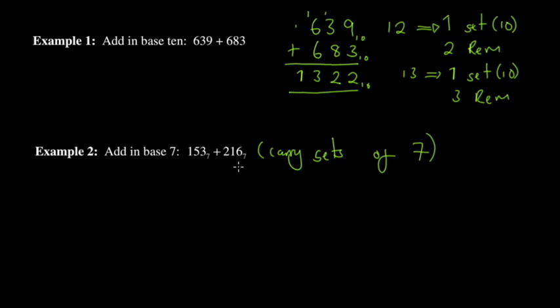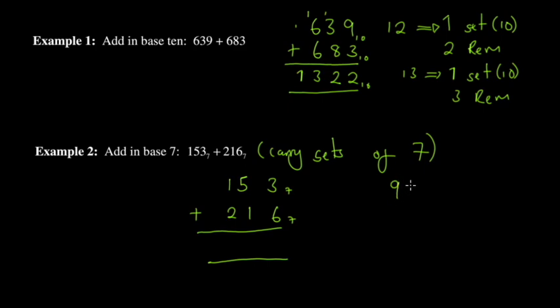So for example, it's 1, 5, 3 plus 2, 1, 6. You can even do it the way that I'm doing it, because it brings some clarity. You won't go wrong. Let's say for instance 3 plus 6, you get 9.